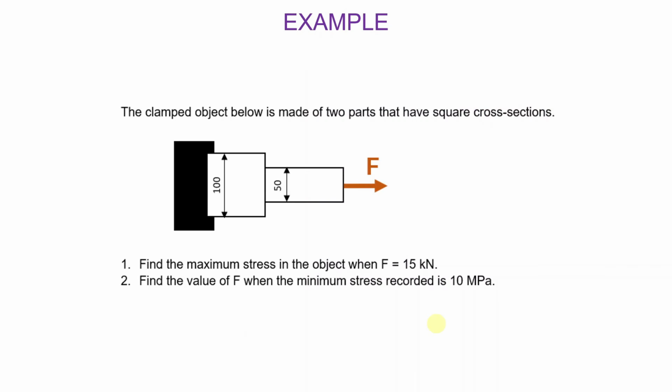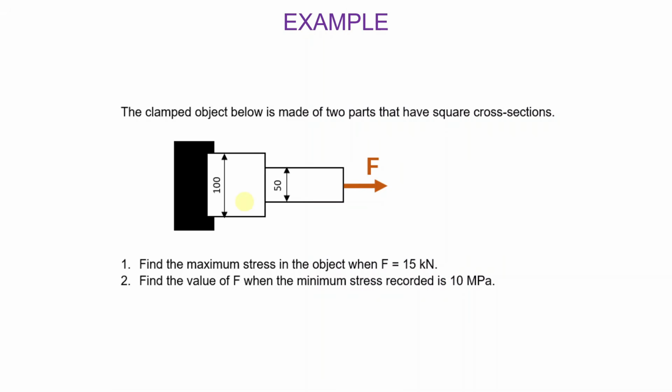So this is what we have here. The question says the clamped object below is made of two parts that have square cross sections. So this part of the object has a square cross section, and this part of the object also has a square cross section. And this object is clamped.